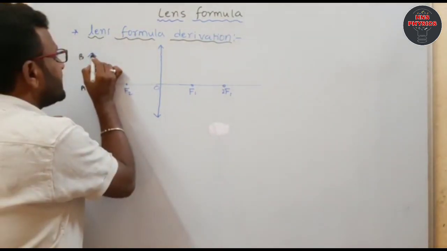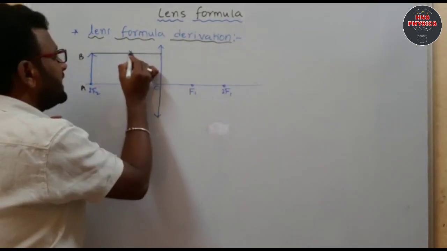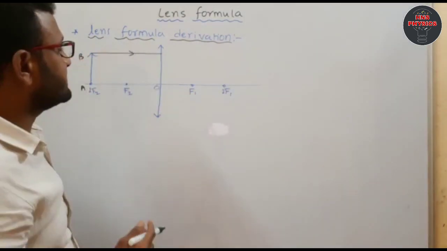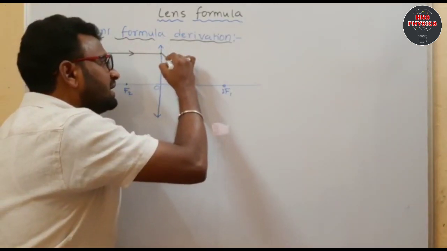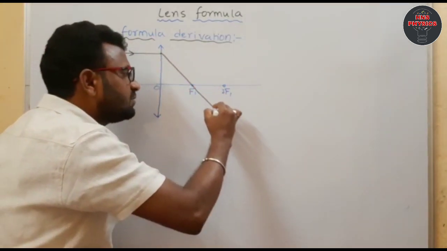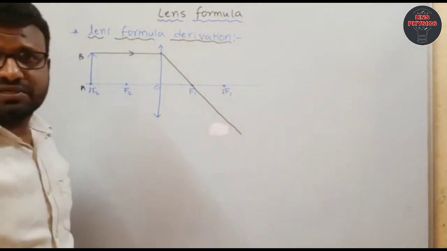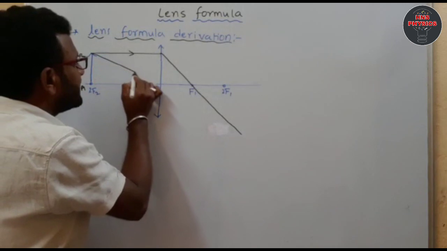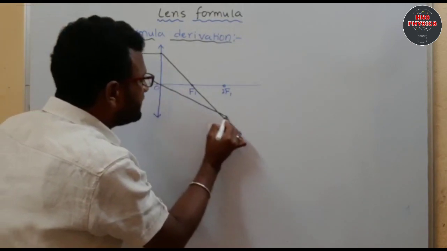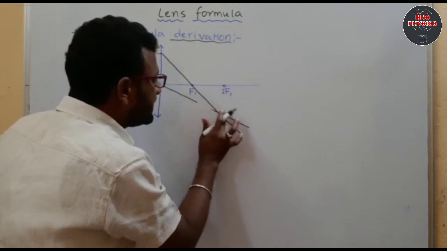One ray passes parallel to the principal axis, and that incident ray is incident on the convex lens. After refraction, the ray passes through the principal focus of the lens. If I take one more ray, the ray passes through the optic center and does not deviate.